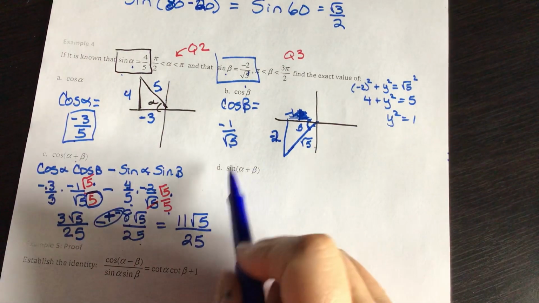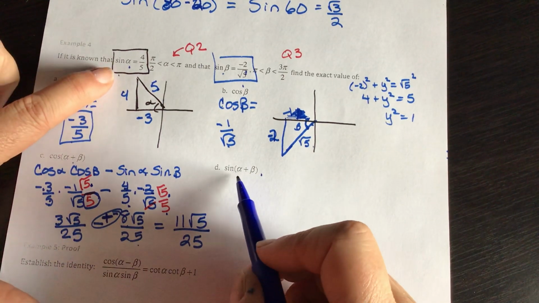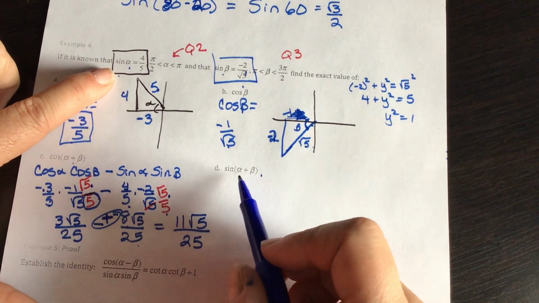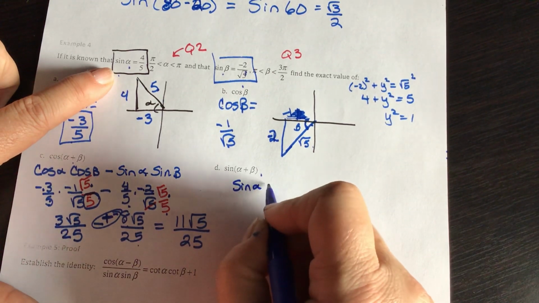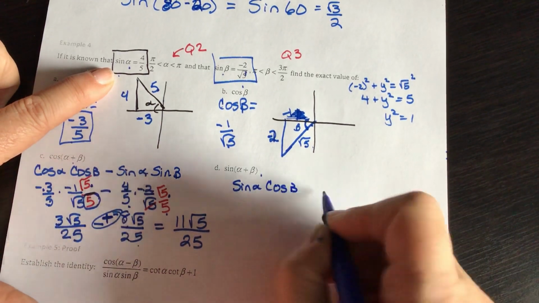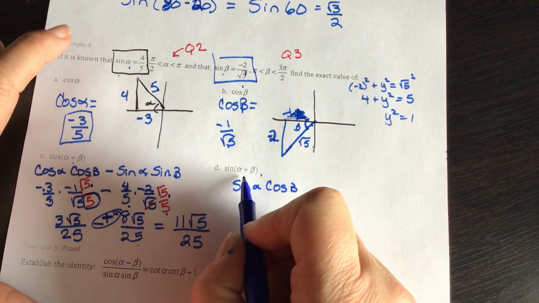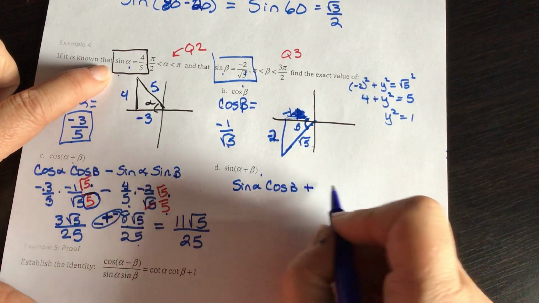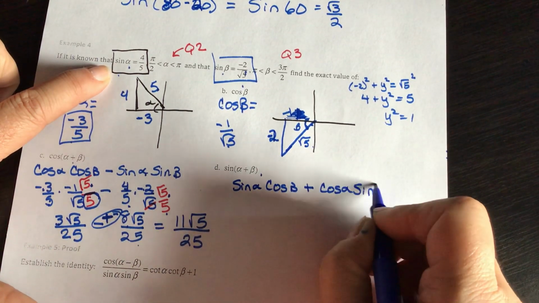All right, here's another one, sine of a plus b. Same thing, except we're going to use the sine formula, which is sine of a cosine of b, keep the same sign, and I have cosine of a sine of b.